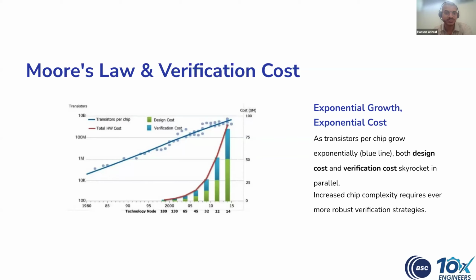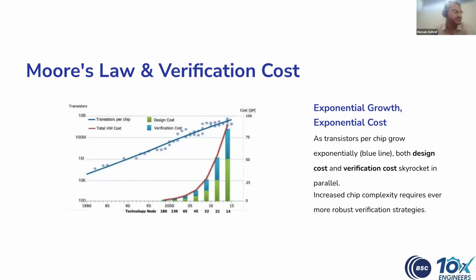Even the design engineers, while designing, verified the design themselves with basic test cases. But as designs are getting complex and the number of transistors per chip is growing, as mentioned by Moore's law, verification has become the main part of the chip design cycle.